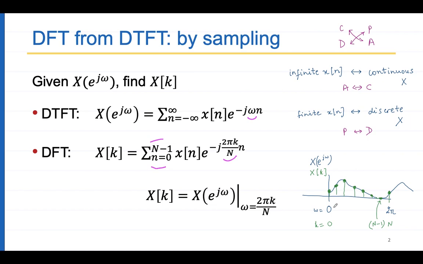Right, so my ω is 0 to 2π, k is 0 to capital N. And when k is capital N, the value is the same as k equal to 0 because of periodicity of X[k]. So my x[n] is periodic as well as X[k] is periodic. You know that X(e^{jω}) is also periodic.